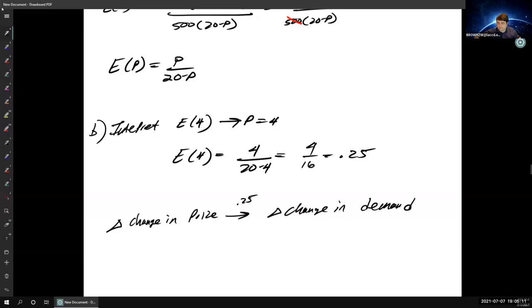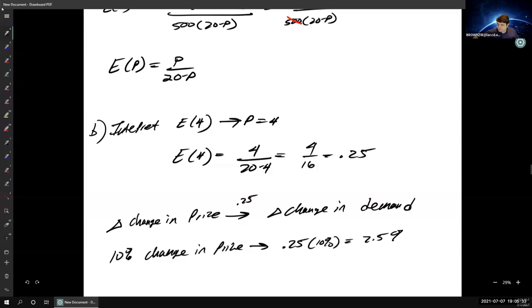Said another way, let's actually give this a number. Let's say we had a 10% change in price. What that would give me is 0.25 times that 10%, so 2.5% change in demand.